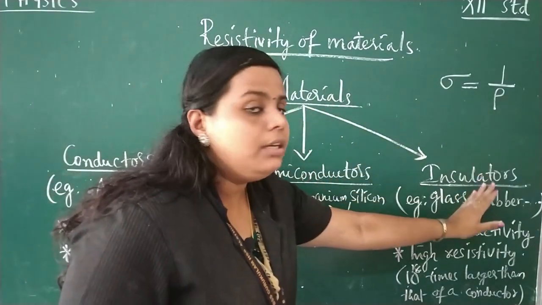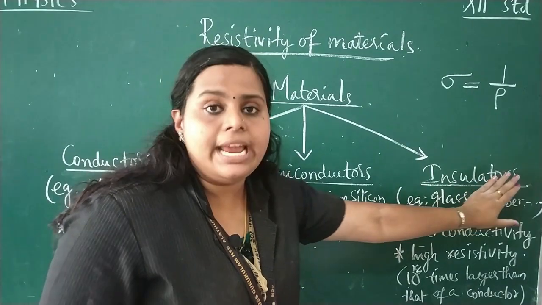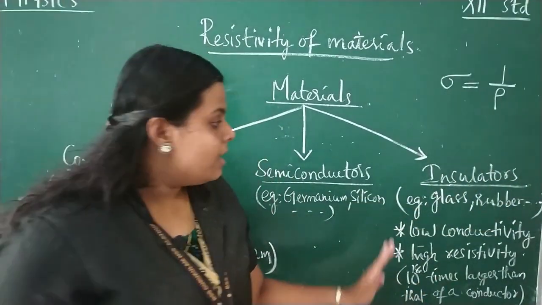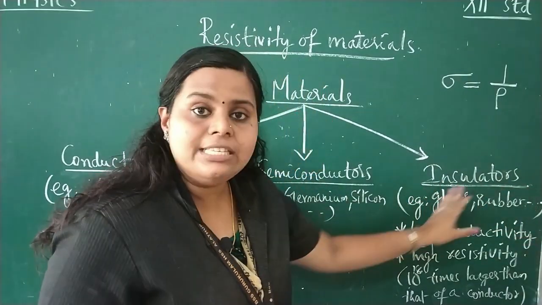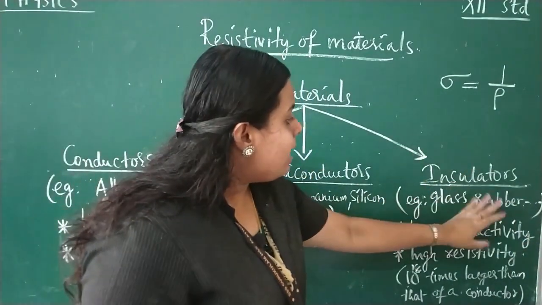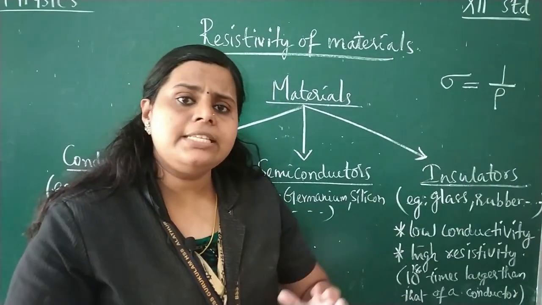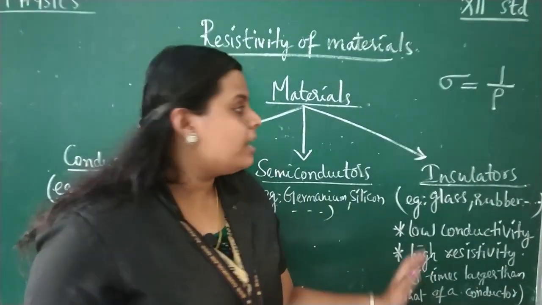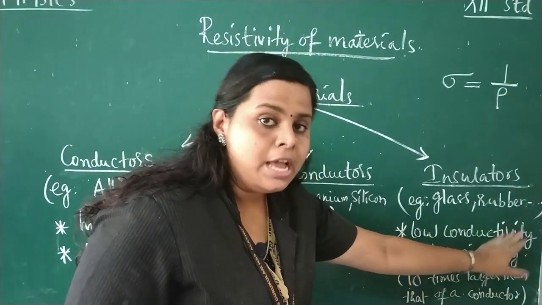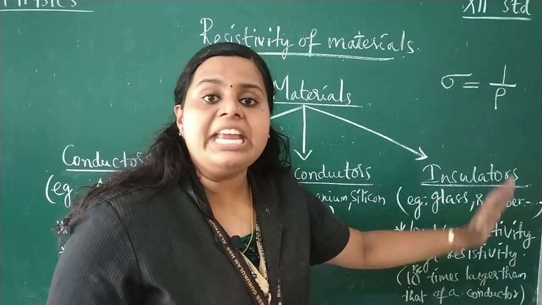Now the third type of materials, that is insulators. What about insulators? They never conduct electricity, right? Examples for insulators are glass, rubber, etc. Insulators are materials that do not conduct. So what about the conductivity? They have very low conductivity, so the resistivity will be very high.